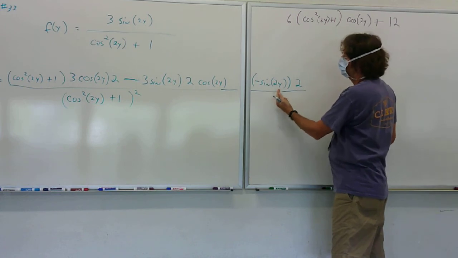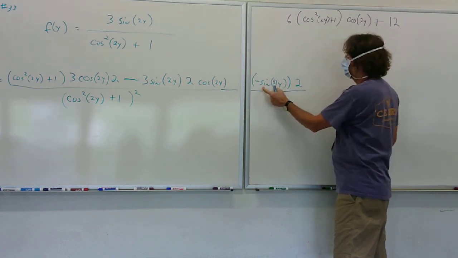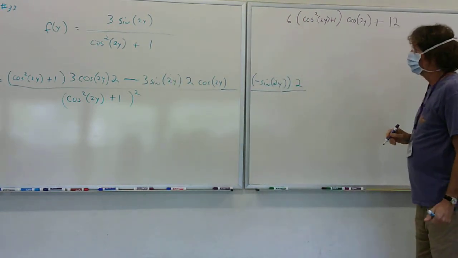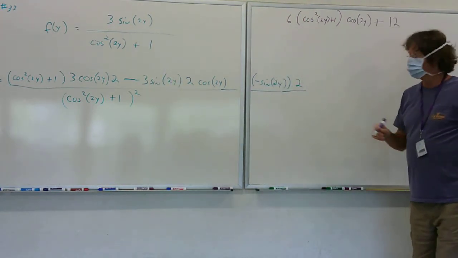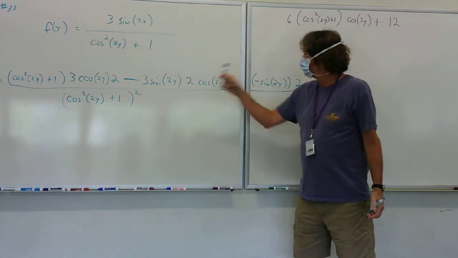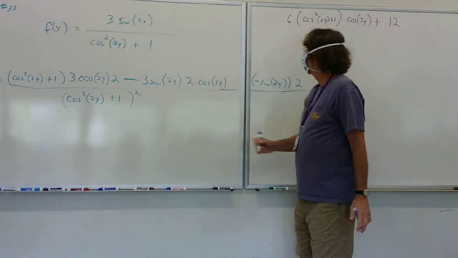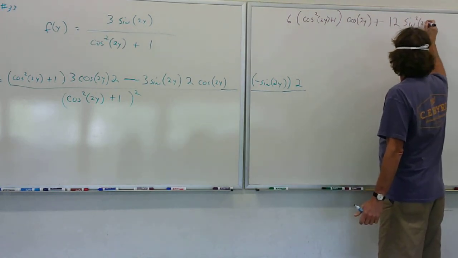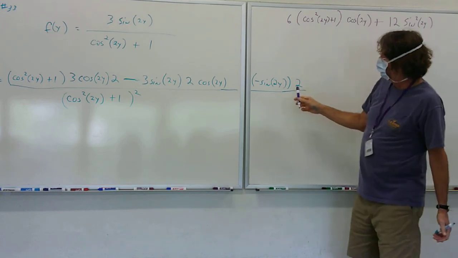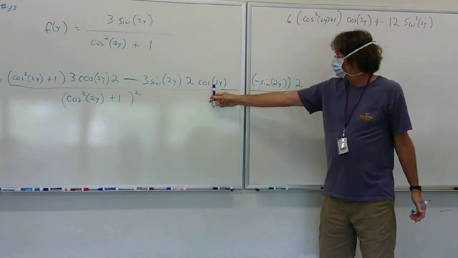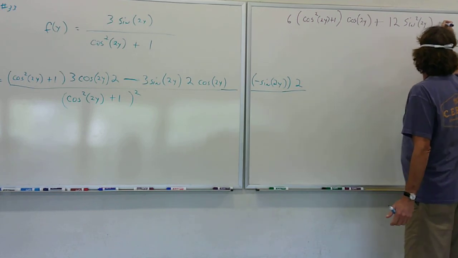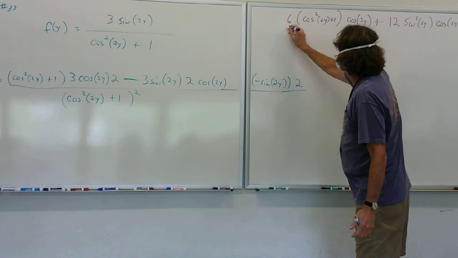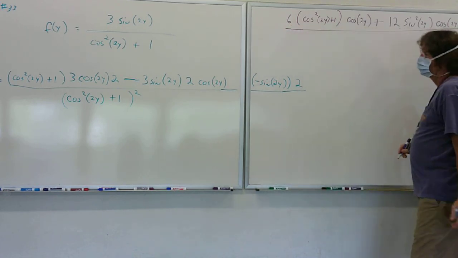Sine 2y times that sine 2y would become sine squared 2y. Notice I'm not trying to do a whole bunch at one time. Sine squared 2y, and then the only thing left would be the cosine 2y. And then I'm going to write my denominator down.